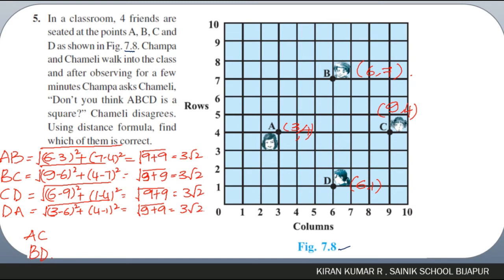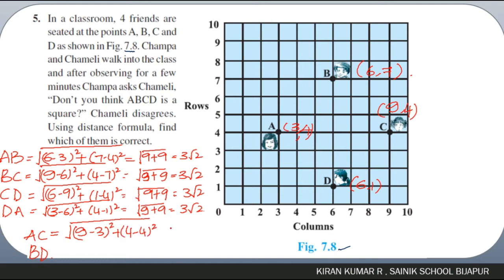Since all the sides are equal, it can be a square or it can be a rhombus. To have a distinction whether it's a rhombus or a square, we need to find the length of the diagonal. AC will be 9 minus 3 whole square plus 4 minus 4 whole square.